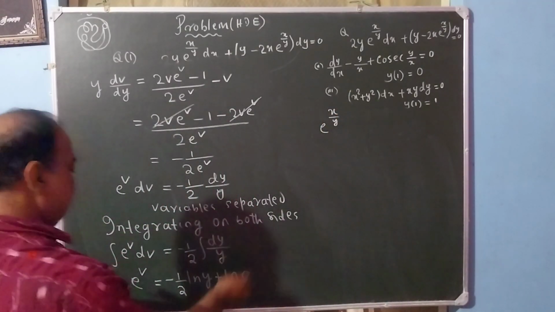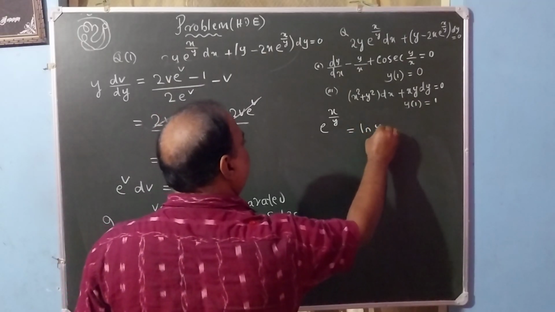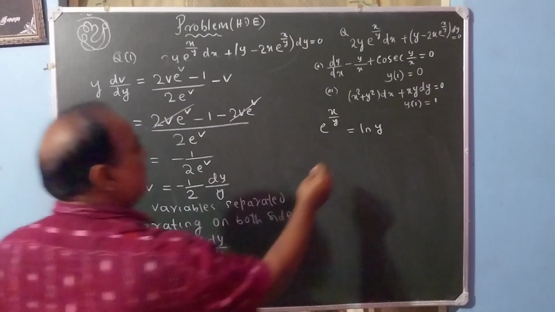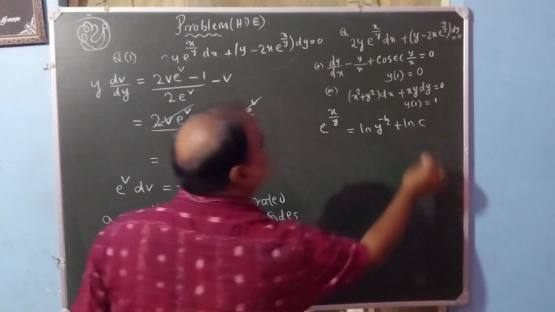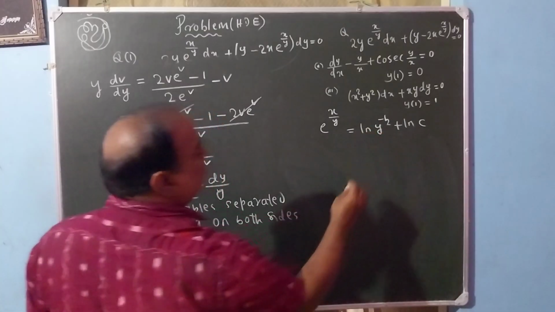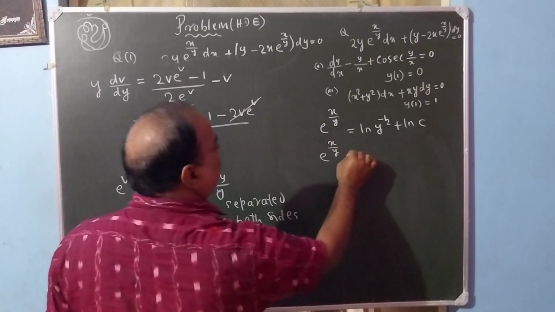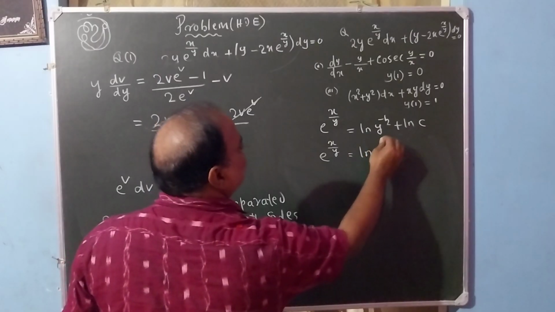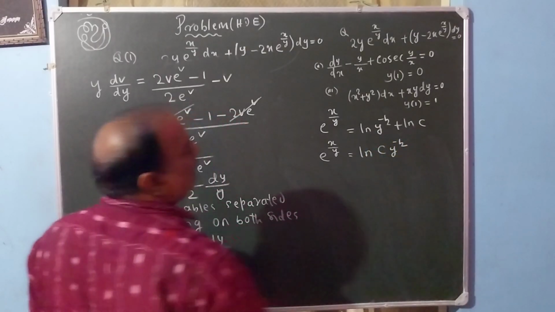Here we get ln y to the power minus half plus ln c. ln a plus ln b, that is e to the power x by y ln c y to the power minus half.